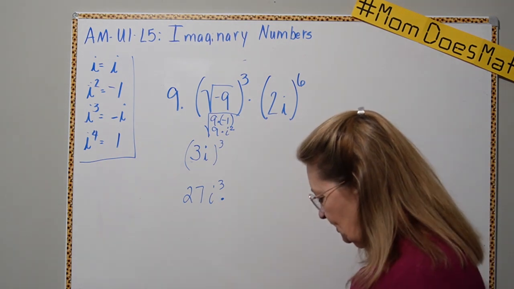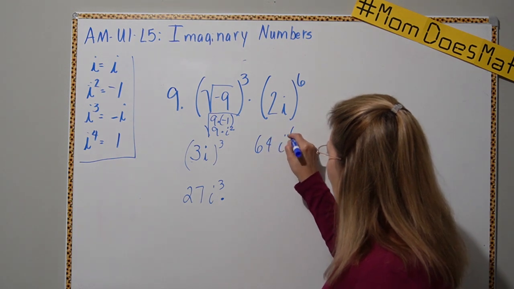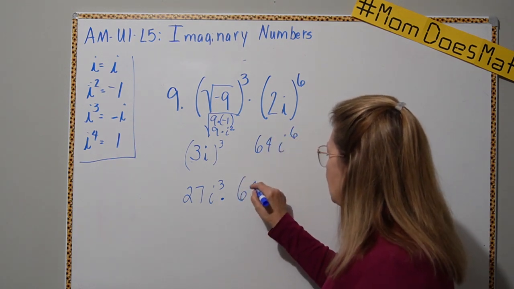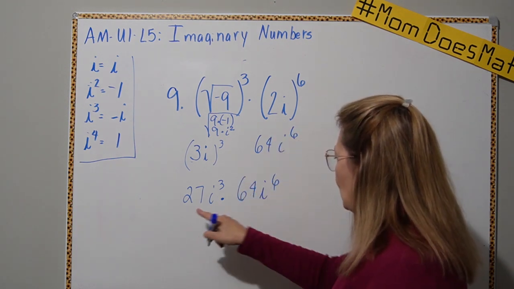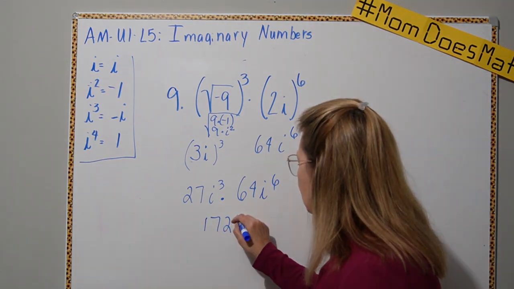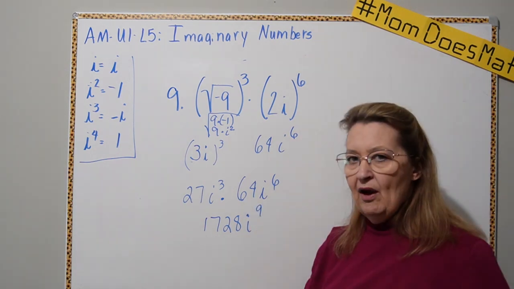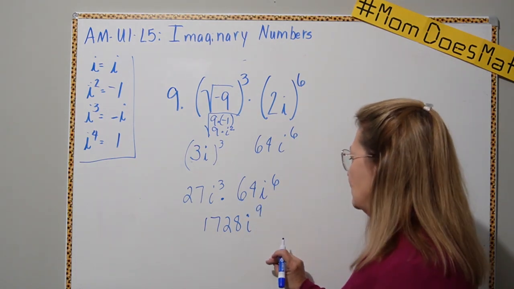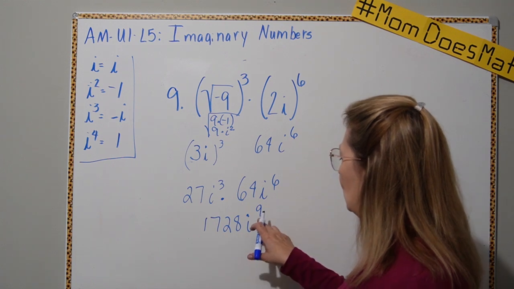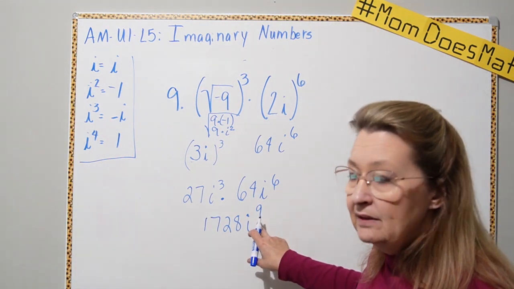And let's see what we do here. 2 to the 6th power is 64. And I've got i to the 6th. So when I multiply 27 times 64, you get 1,728 i to the 9th power. Okay, so at least we have it in one term. Let's break it down again. What is the largest multiple of 4 that'll go into 9? 8.